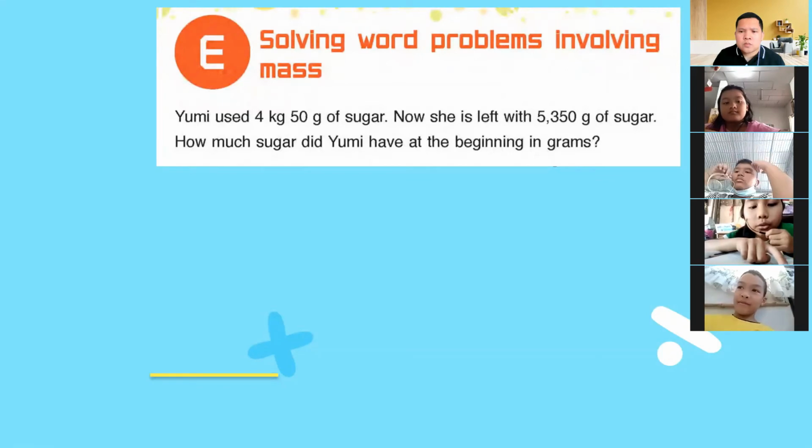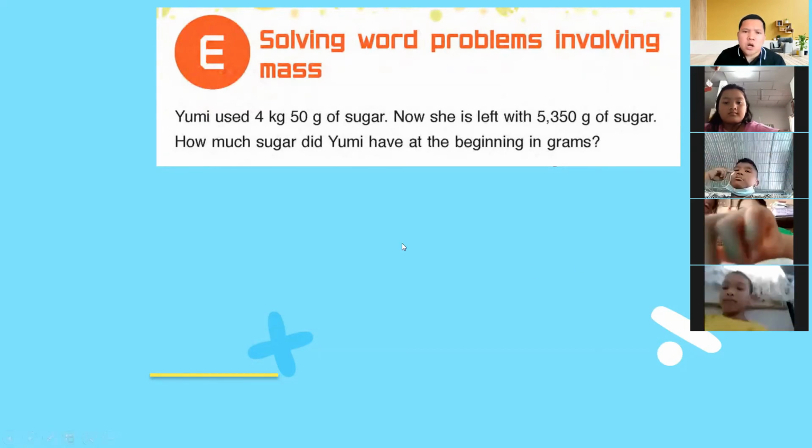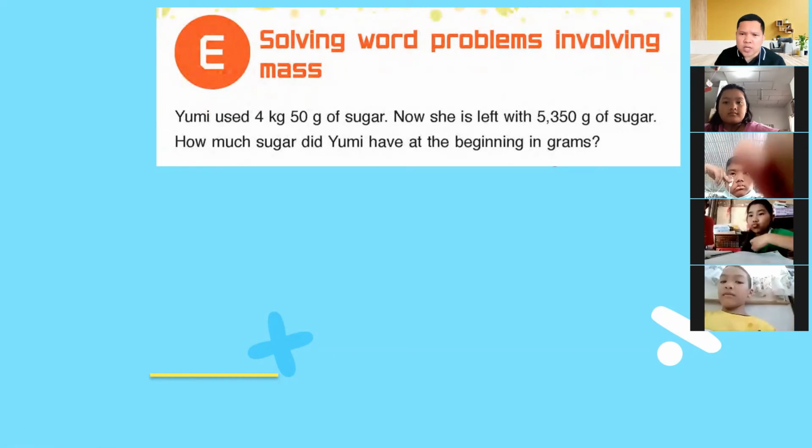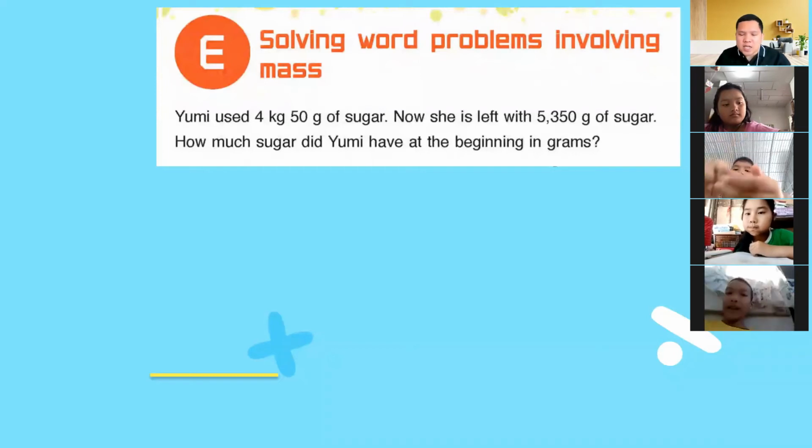How much sugar did Yumi have at the beginning in grams? Okay, very good. Yumi used 4 kilogram and 50 grams of sugar. Now she's left with 5,350 grams of sugar. How much sugar did Yumi have at the beginning in grams?